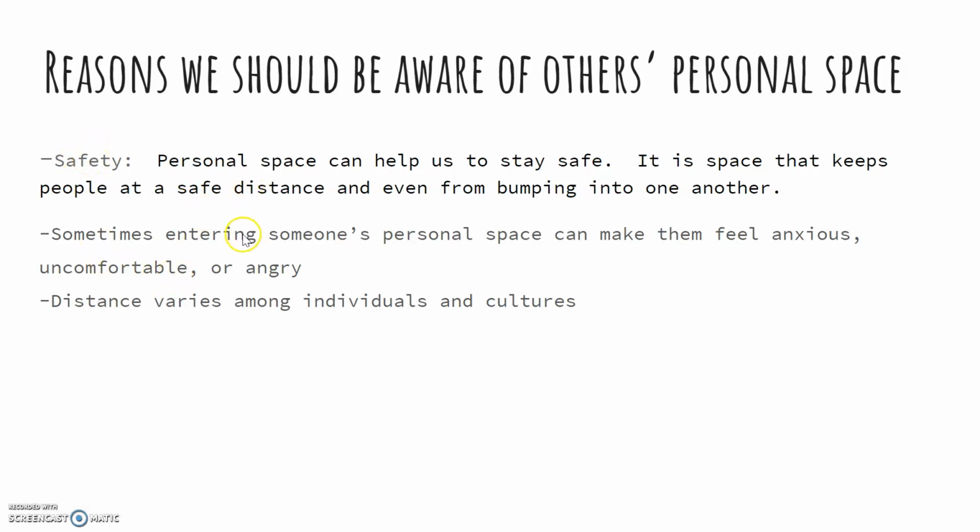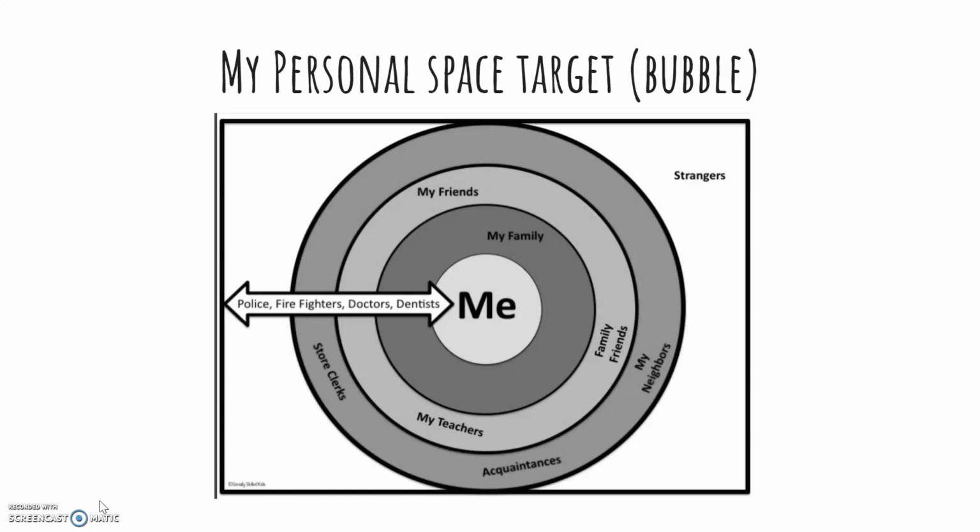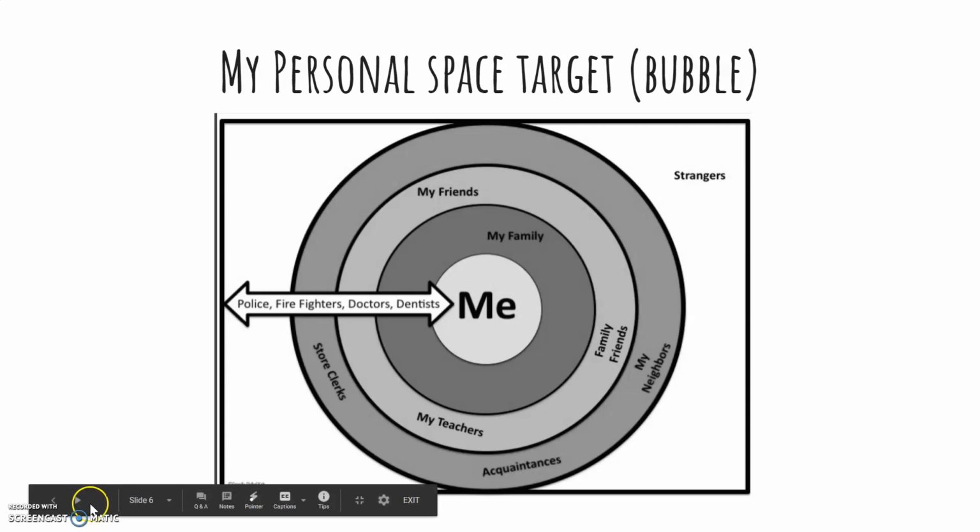Safety, talking about how somebody else may feel if you are too close to them. Another visual I may use is your personal space target or your personal space bubble, and how that looks, how other people kind of fit into that. And that's another good visual to go along with the video that I have used.